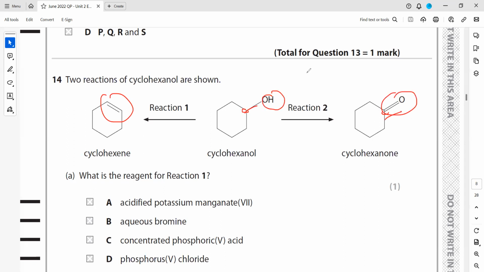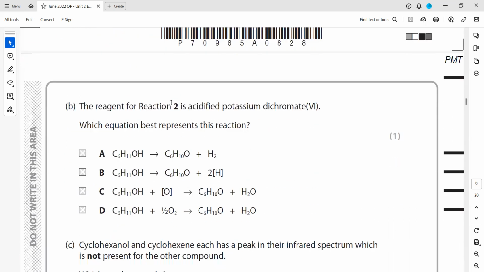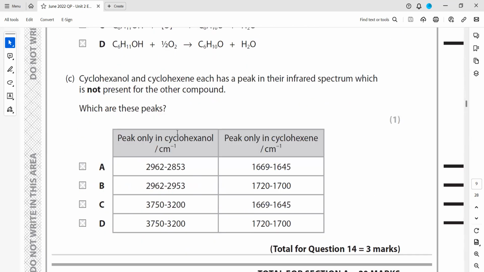So you have to use the OH and the CO peaks, the bond absorption. Cyclohexanol will have the OH peak, and cyclohexene will have the C=C peak. So this is due to the presence of a double bond, and this is due to the presence of the OH. That's why C will be the right answer.